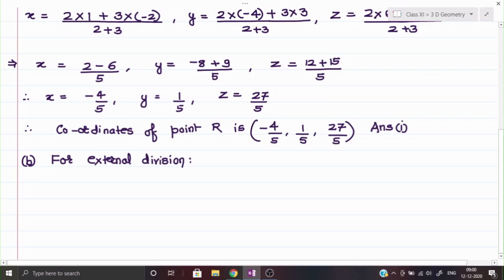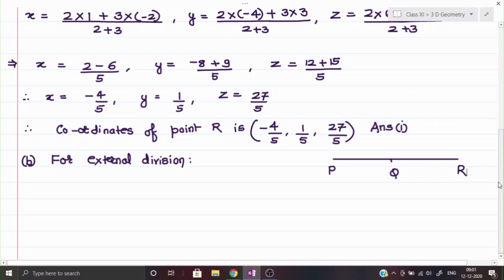Once again we can draw the figure as it is, which we have drawn last time. This time we shall take the point R outside PQ, meaning it will not come between P and Q.